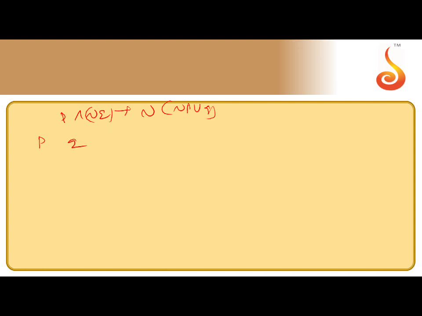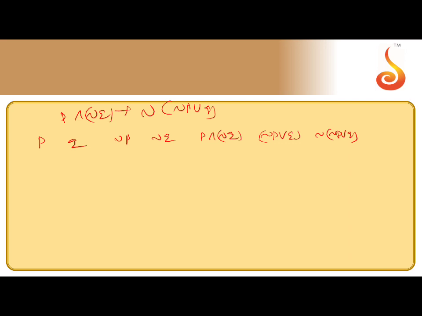P, Q. So what is required? P, Q required. Negation of P is there. Negation of Q is there. So P and negation of Q required, and negation of P, Q required.